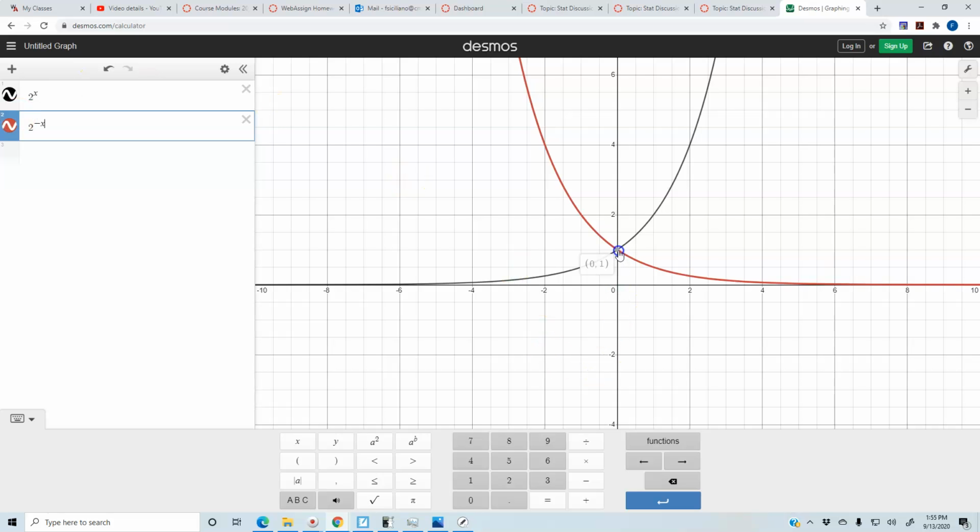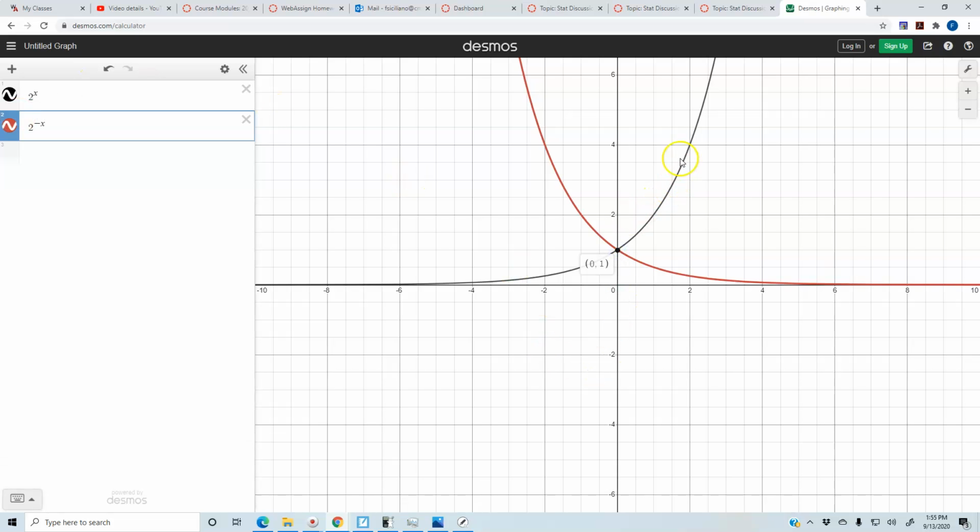You can see here that there is our point, and our other point was (1, 2), which turned into (-1, 2).